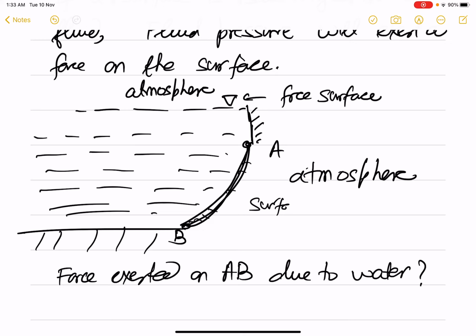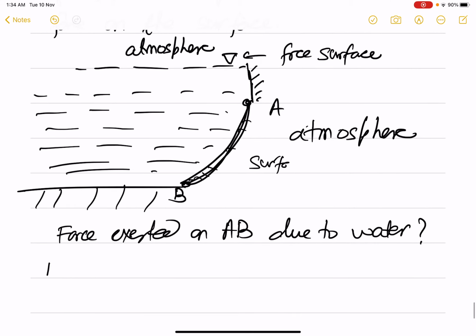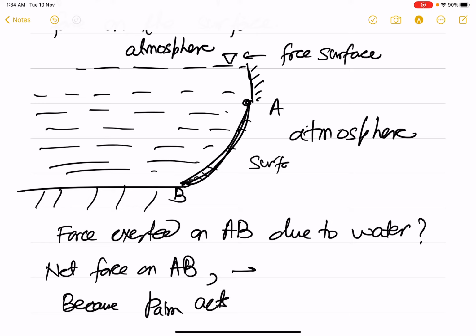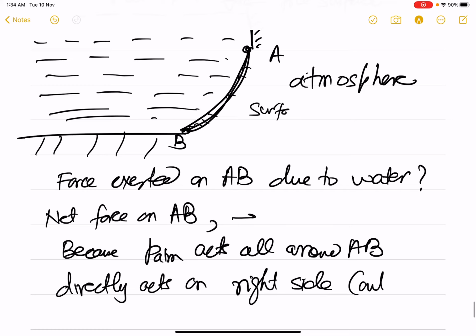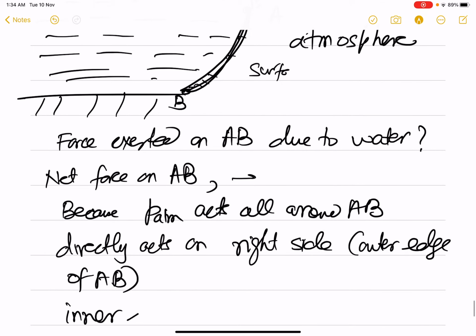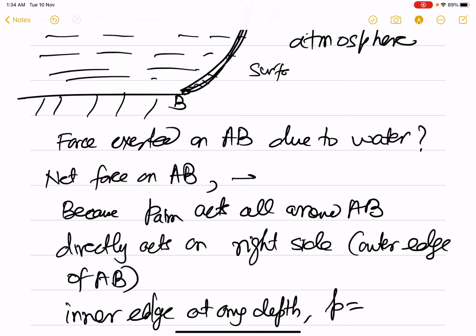And once again, in this problem you will see, if we want to find the net force on AB, then you will realize that because P atmosphere acts all around AB, it directly acts on the right side or the outer edge of AB, and on the inner edge at any depth, pressure will be equal to P atmosphere plus rho g d.